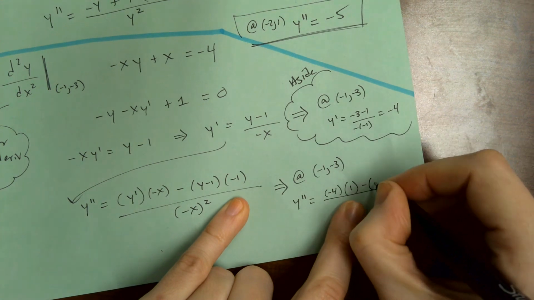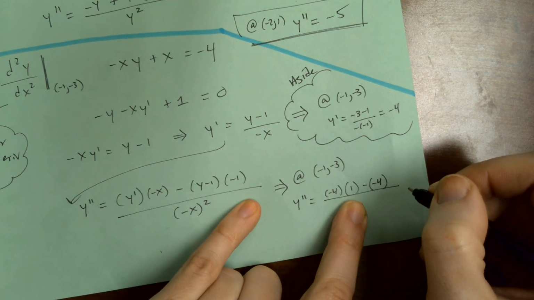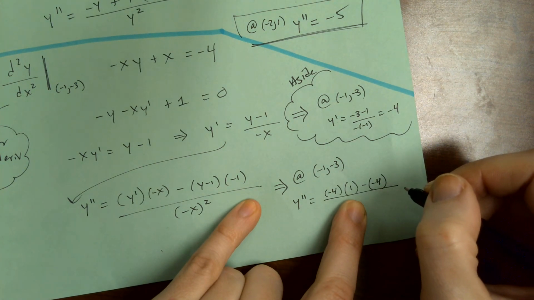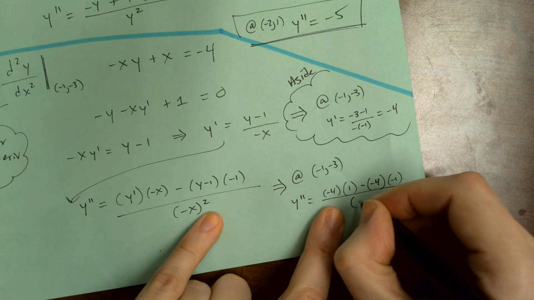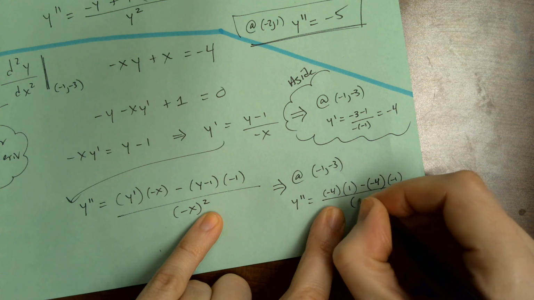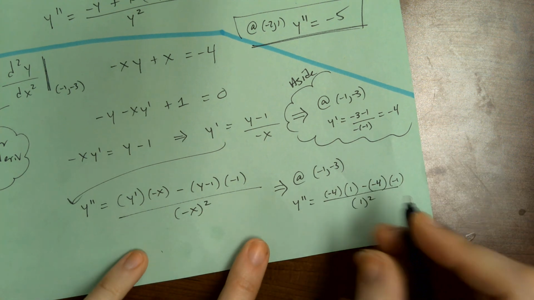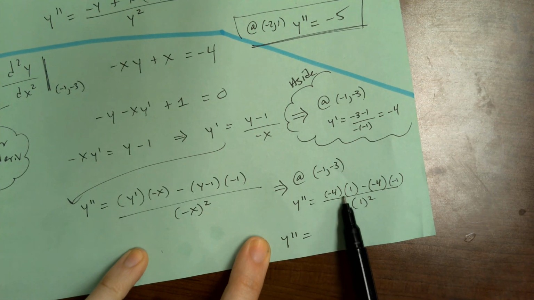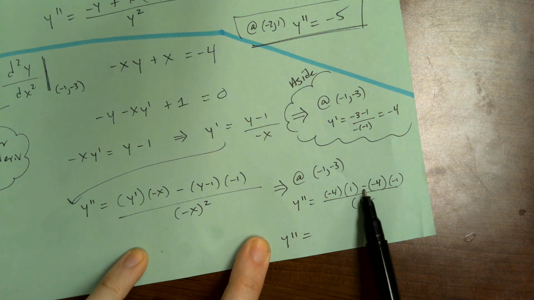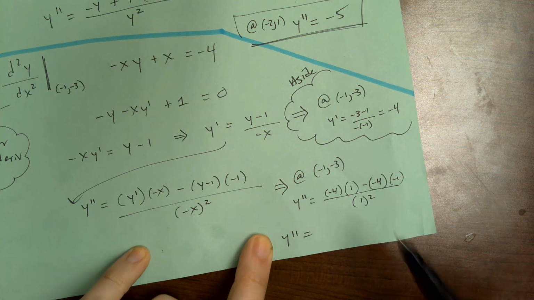Y minus 1, that's negative 4. So that's 1 squared. All right, so this is negative 4 minus positive 4, so that's negative 8.